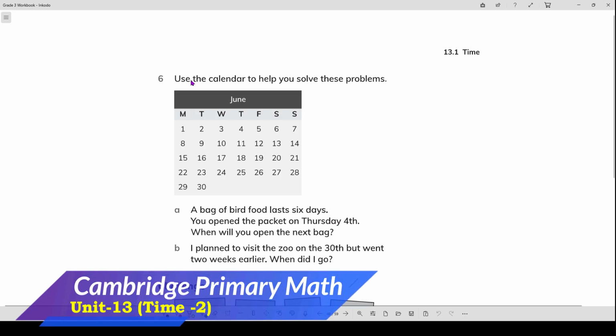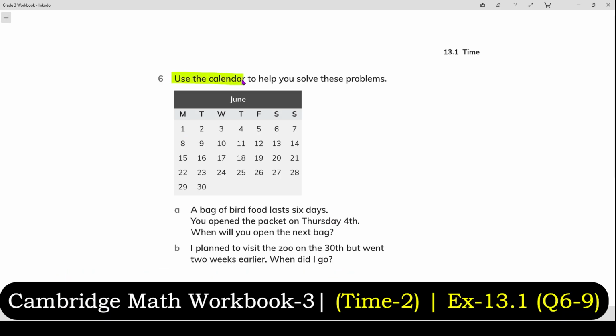Question 6. Use the calendar to help you solve these problems. First one: a bag of bird food lasts 6 days. You open the packet on Thursday 4th.